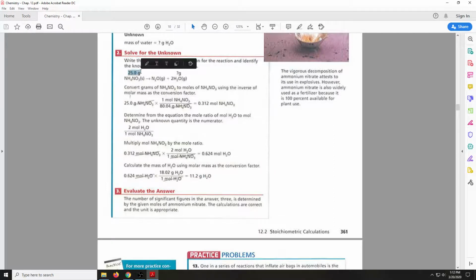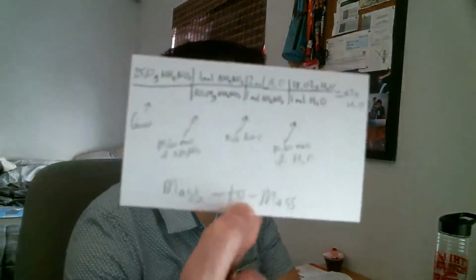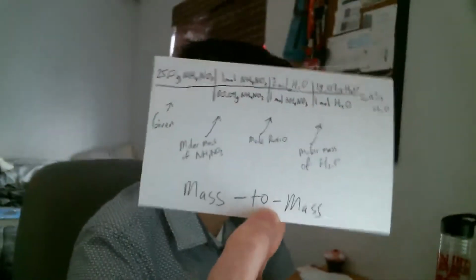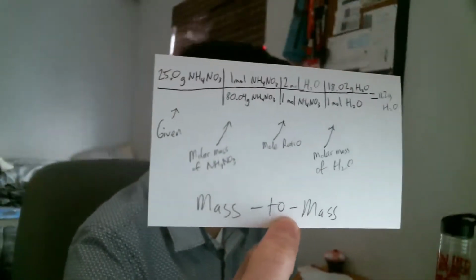We went from grams of ammonium nitrate to moles of ammonium nitrate to moles of water to grams of water. So it's a whole 3-step process. And if we were in class, I would do it on the board like this, all in one step.